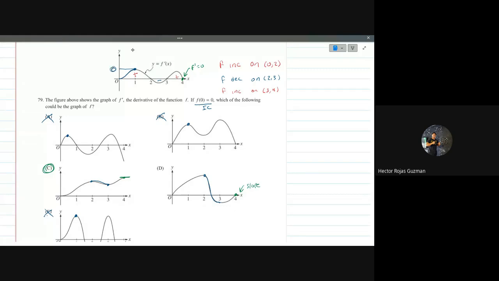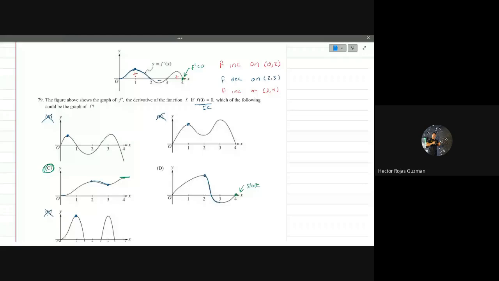Whatever this represents right here, it's the highest value. And then after that, the slope, still positive, but now it's smaller and smaller until it hits 0. So the slope gets steeper at x equals 1. It peaks, and then the slope is still positive, but it gets smaller.